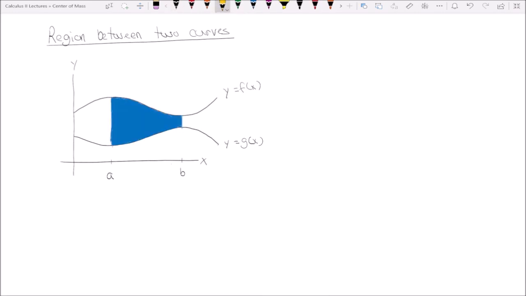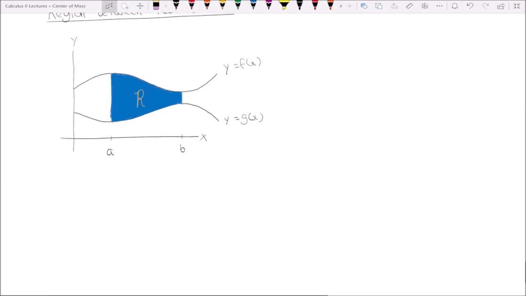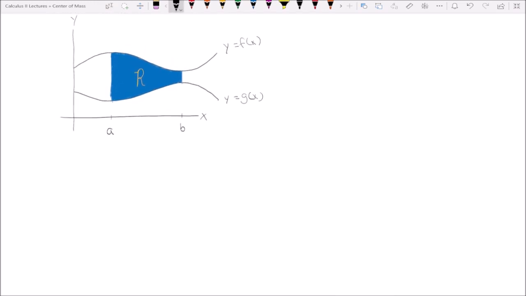Okay, so we say this is the region. All right, so that's our lamina. It is a fairly straightforward exercise to show that the mass is the density times the integral from a to b of f of x minus g of x dx. I did forget to put up here that this is mass density rho.